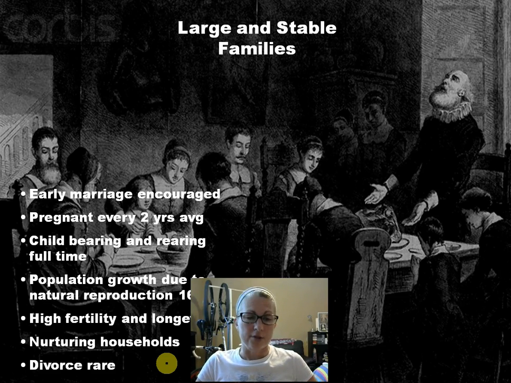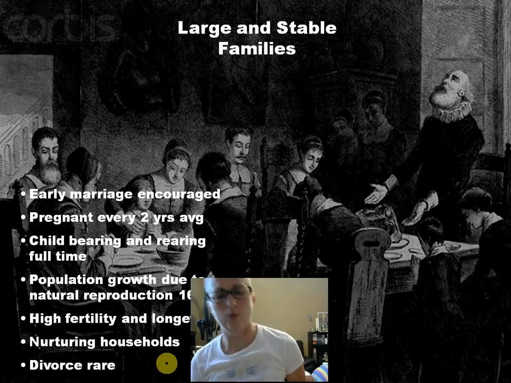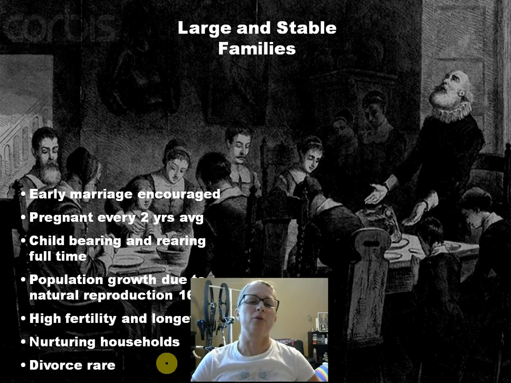Lots of families in New England, and that was something that was really encouraged. It was something that was expected, and people got married pretty young, actually. A lot of them in their teens, and I think I mentioned this before. Women really could expect to be pregnant a majority of their life.